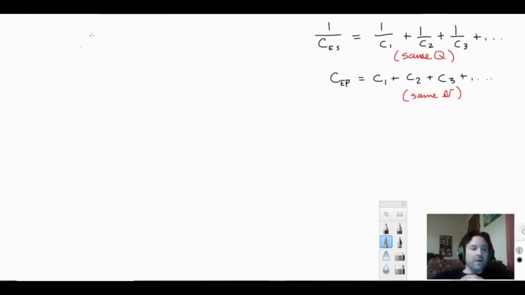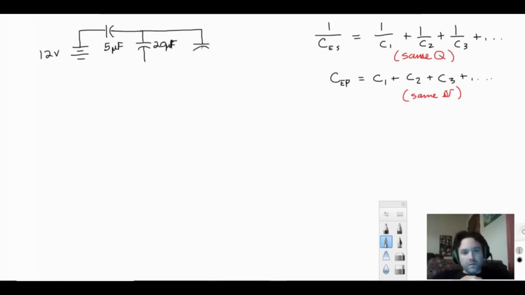So we've got a 12-volt battery and a capacitor here with a capacitance of 5 microfarad, and then another capacitor with a capacitance of 20 microfarad, and another capacitor with a capacitance of 10 microfarad. Okay, and that's going to be our circuit.